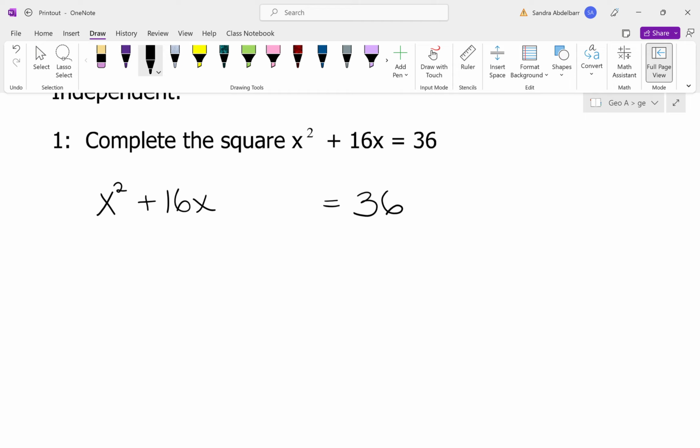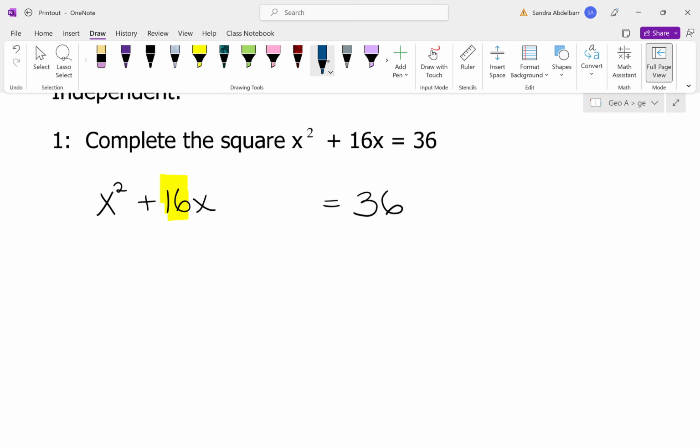So after you make sure your constant, or your number without the variable, is moved to the other side, you're going to go to your x coefficient. What is my x coefficient? What number? 16. Good. What are we going to do to that x coefficient? We're going to take 16 and do what to it? Take half of it, divide it by 2. Half of 16 is 8. Am I writing 8 on both sides? No. We're going to take that 8 and then do what to it?